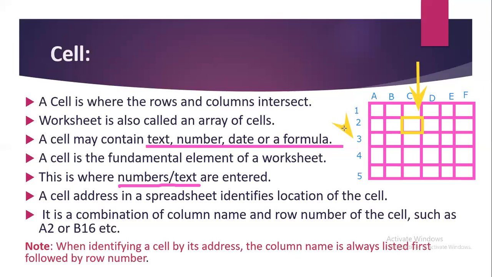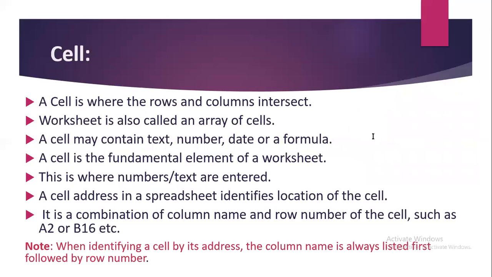The row header is 2. So the cell address would be C2, because the column header is C and the row header is 2. I hope this is clear to everyone now.